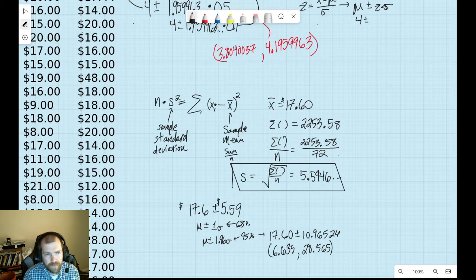Here we go. Stock prices, initial public offering, IPO, stock prices for all 1999 stocks that at least doubled in value during their first day of trading.